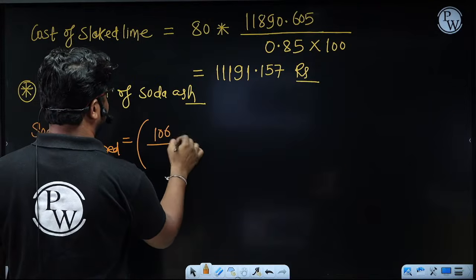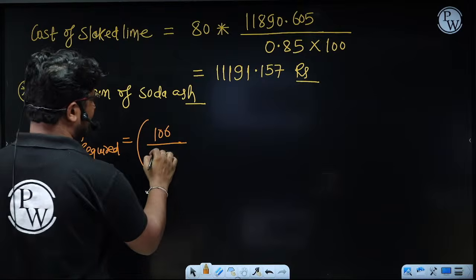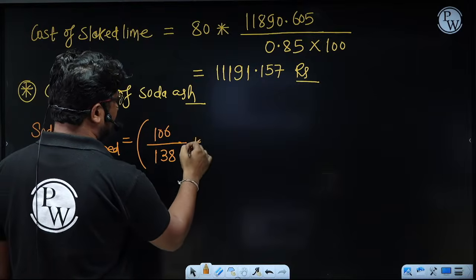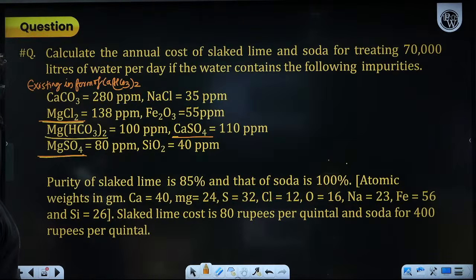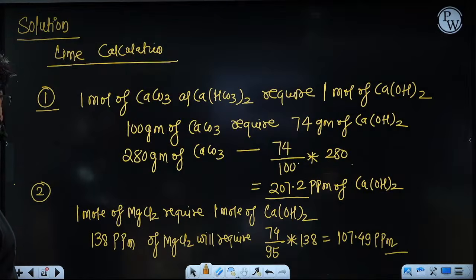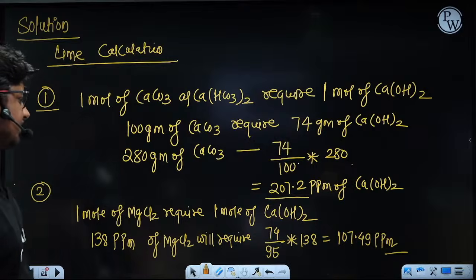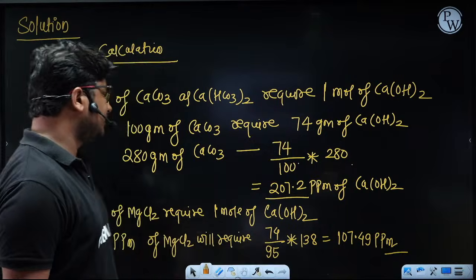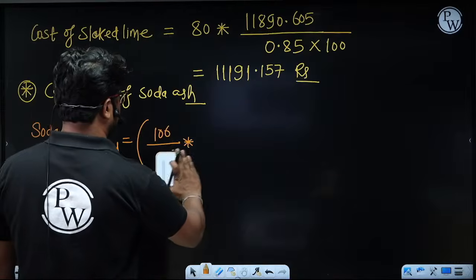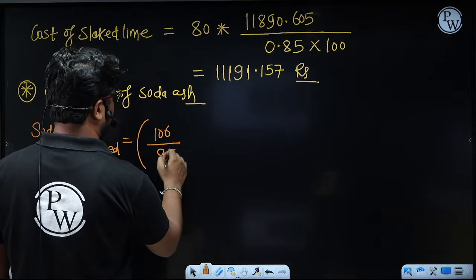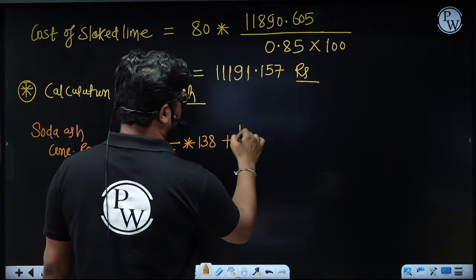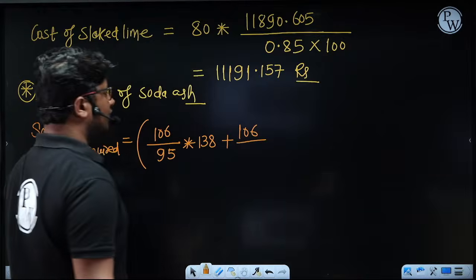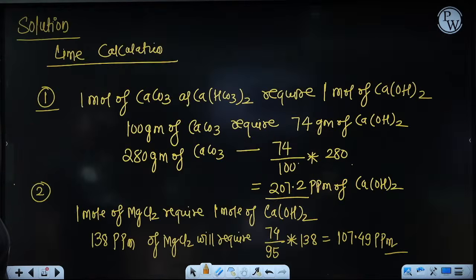So 106 is the molecular mass of soda ash divided by 95, into the MgCl2 concentration of 138 ppm. Plus, again, 1 mole of soda ash, so 106. Next, which one are we taking?